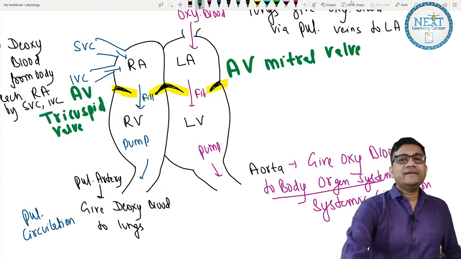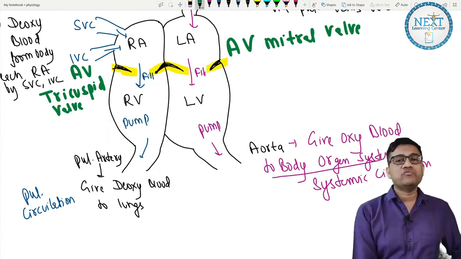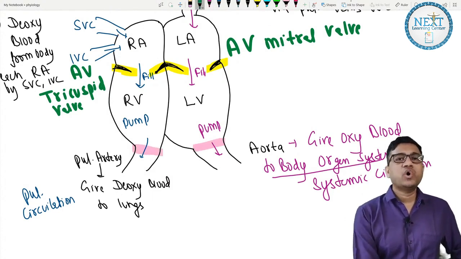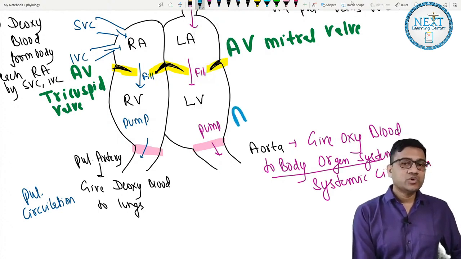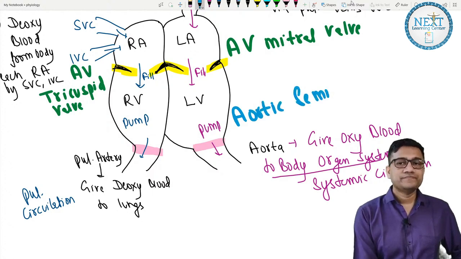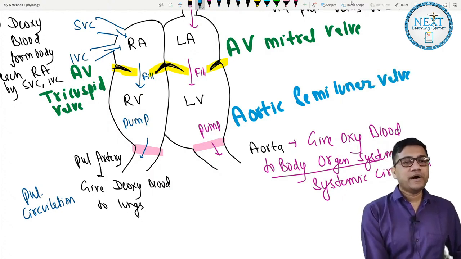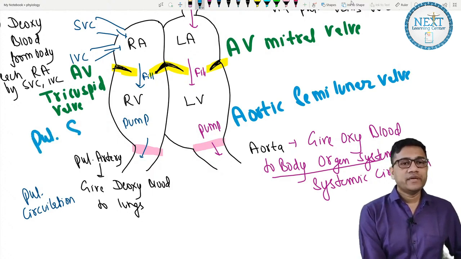And second is to prevent the regurgitation from aorta into ventricles. We again have valves, and these valves are placed here. These are called the semilunar valves. So the aortic semilunar valve, and this is the pulmonary semilunar valve.